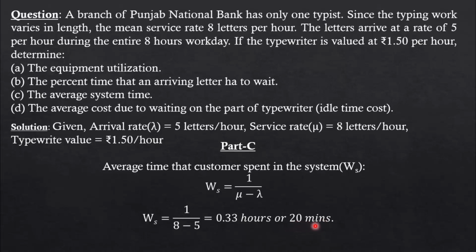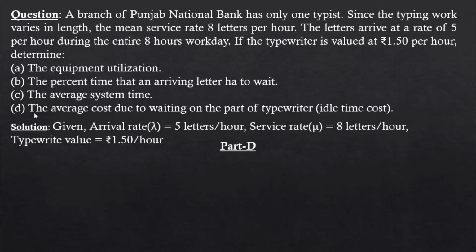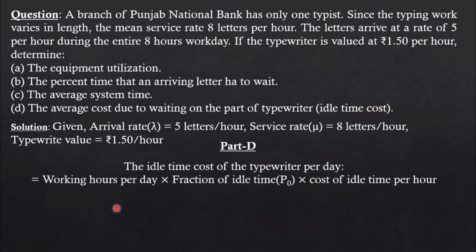Now let us move to the last part, part D, and it says the average cost due to waiting on the part of the typewriter, that is the idle time cost. So here the idle time cost of the typewriter per day is calculated by, first, the working hours per day. We know that it is an 8-hour work day, so this will be 8.